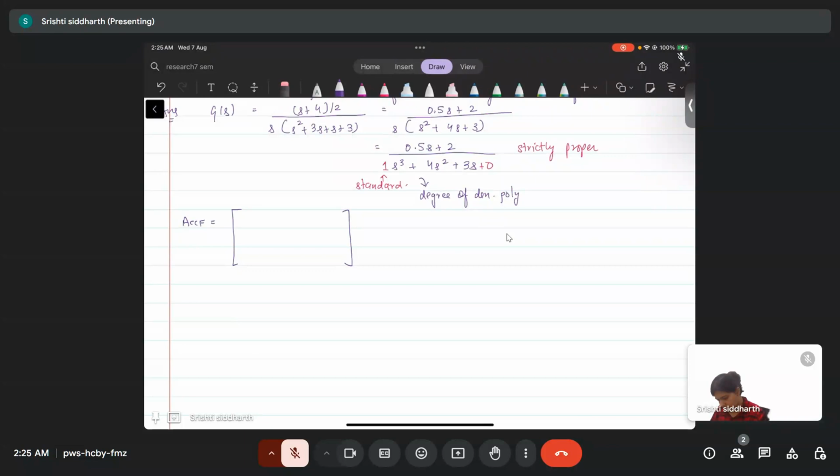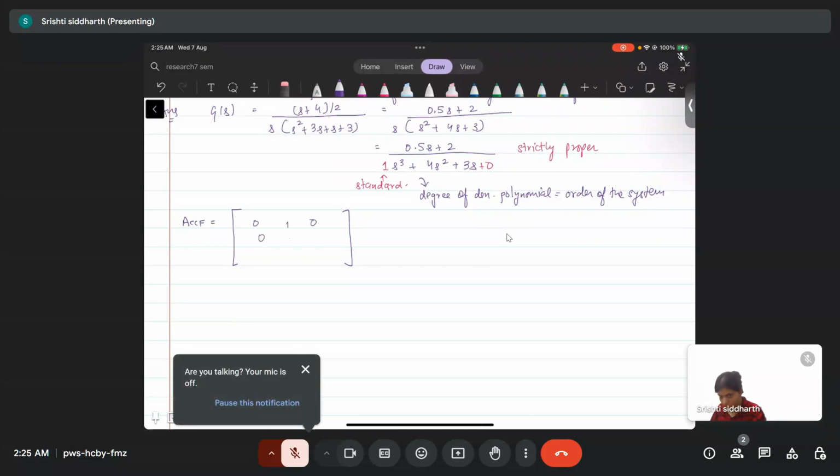The degree of the denominator polynomial is the order of the system. It is 0 1 0, 0 0 1, 0 -3 -4.